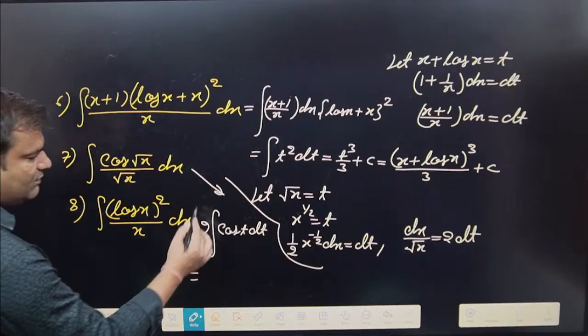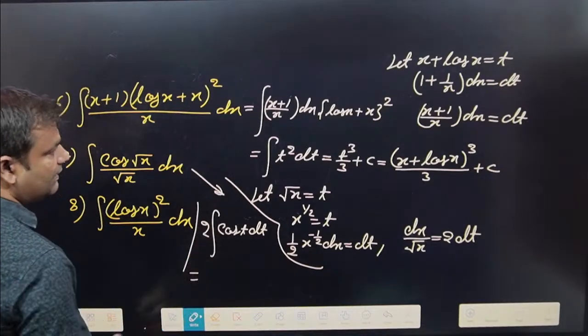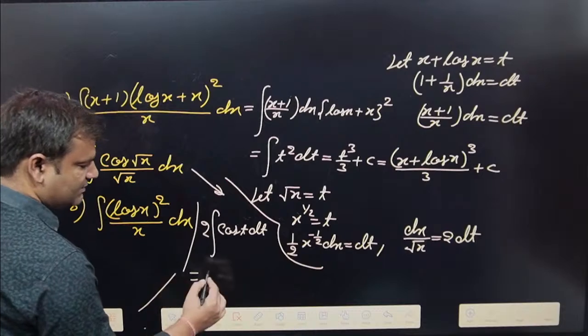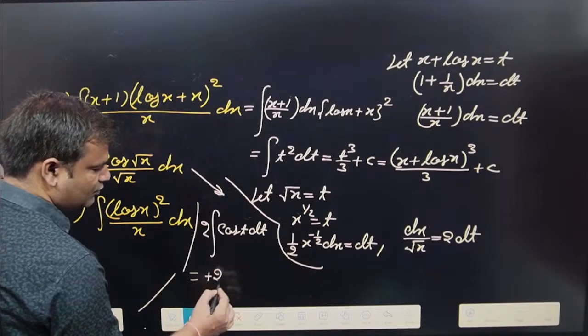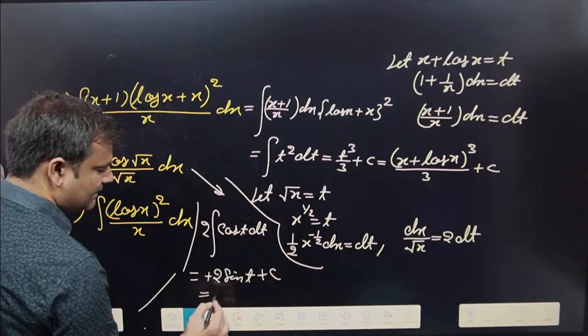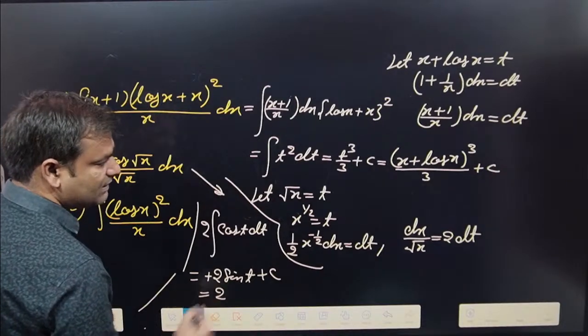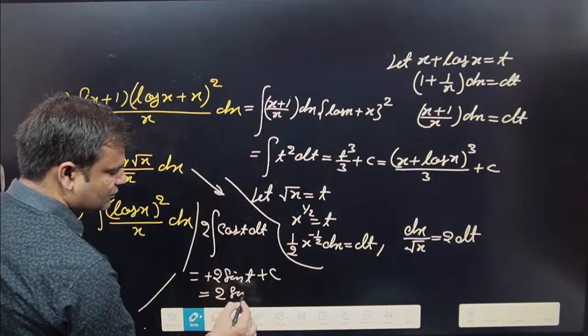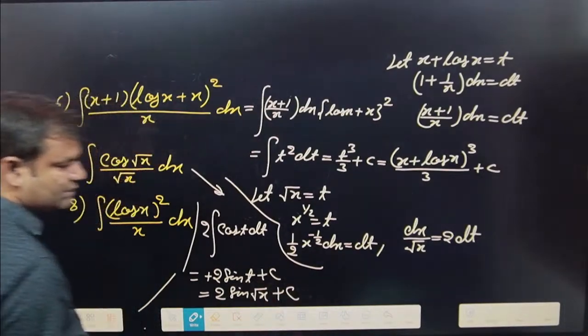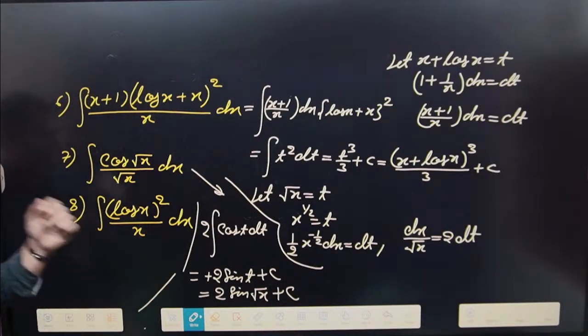Integration of cos is sine, so 2 sine t plus c, and t is root x, so 2 sine of root x plus c is the right answer.